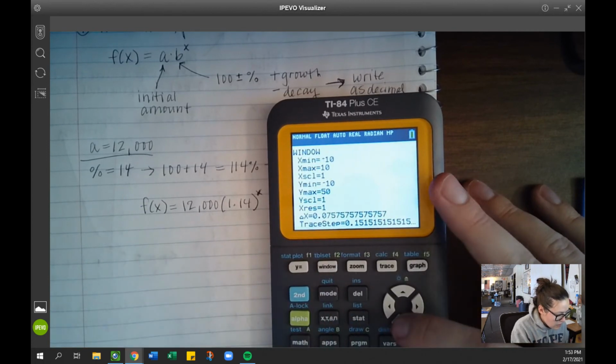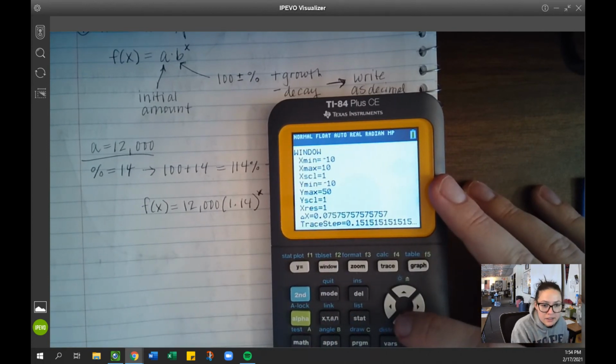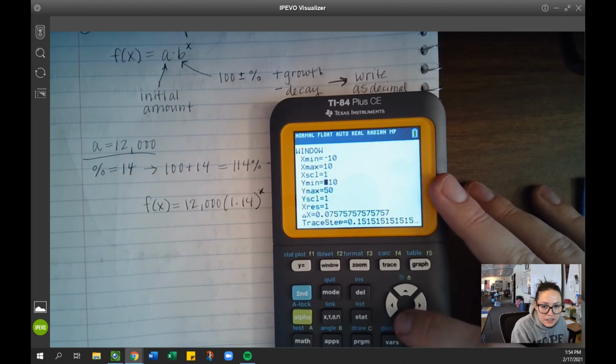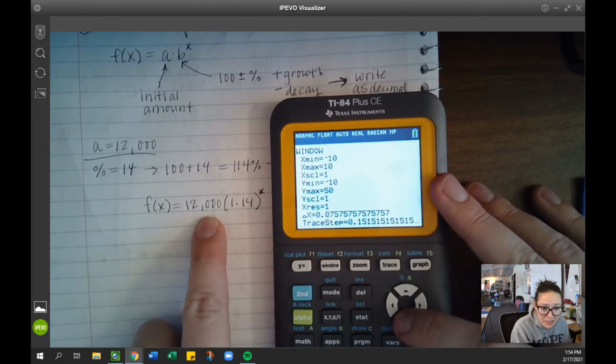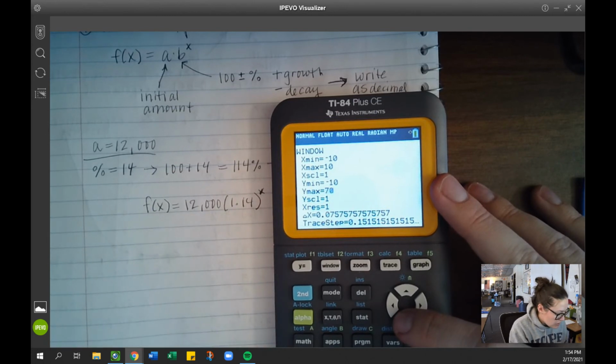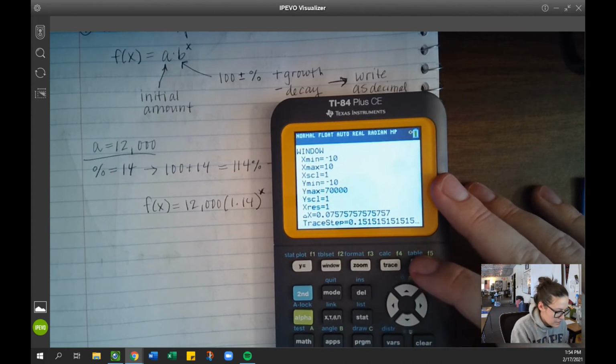Now our window is going to be crazy here because I know I'm going to start at 12,000 and I want to know when we hit 60,000. So I'm going to make my y max 70,000. Let's see what we get here.